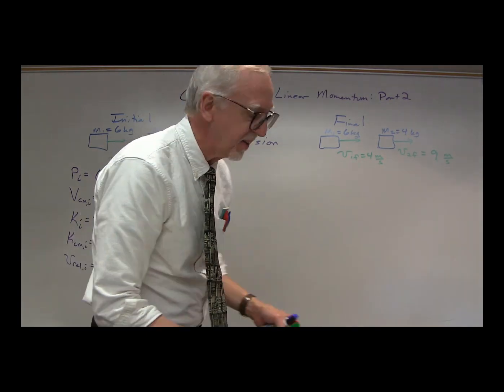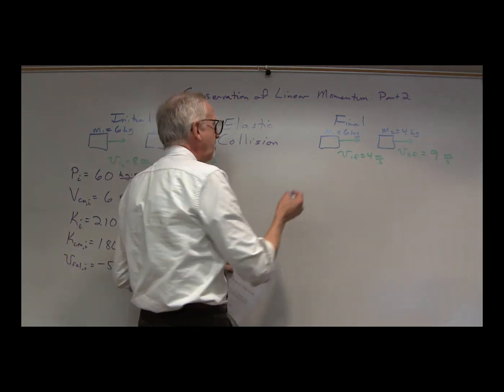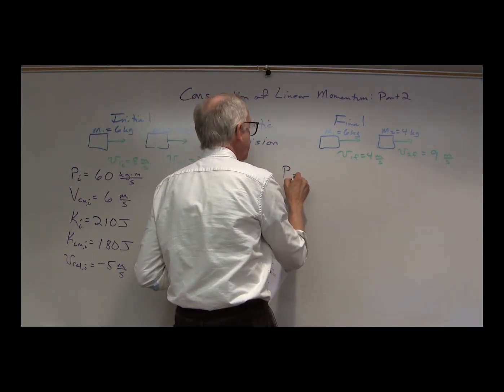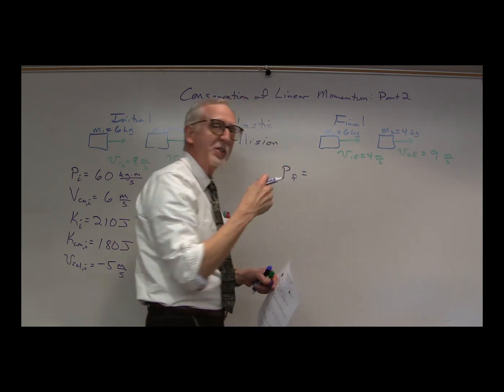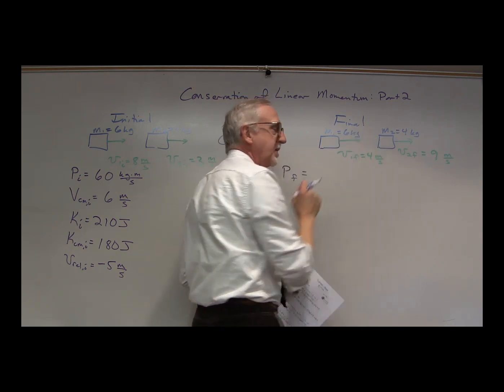So let's stick our numbers in here and see what we get. Let's calculate these things that we calculated initially. Let's calculate them finally. So the final momentum. What is the total final momentum? That's going to be the final momentum of mass 1 plus the final momentum of mass 2.